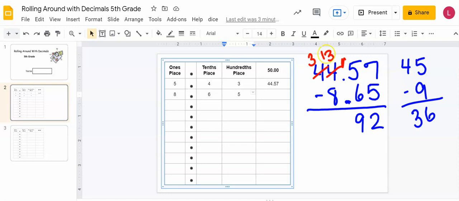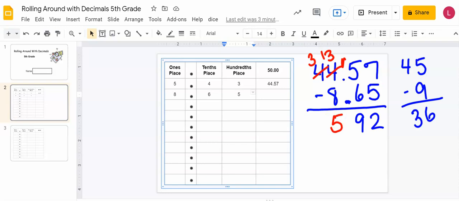So I know that 8 plus 2 is 10, and I need to get to 13. So 3 more, so that would be 5.